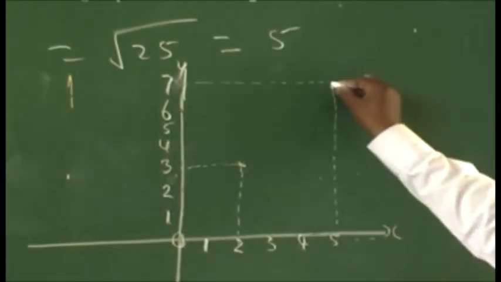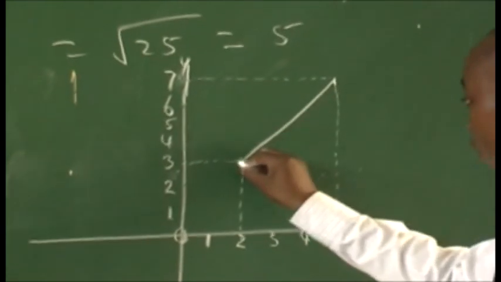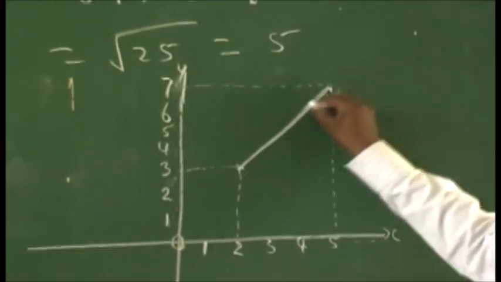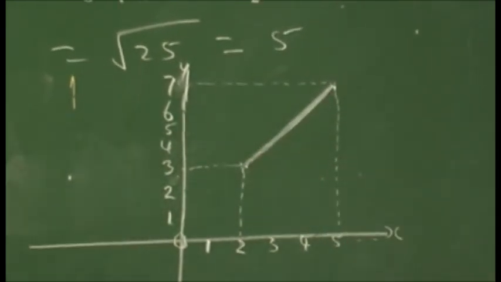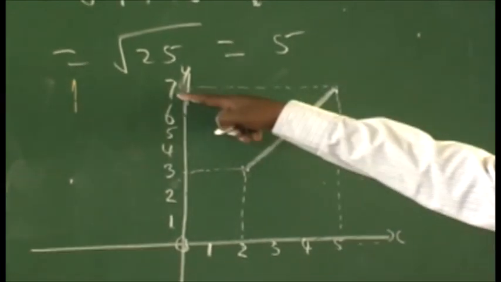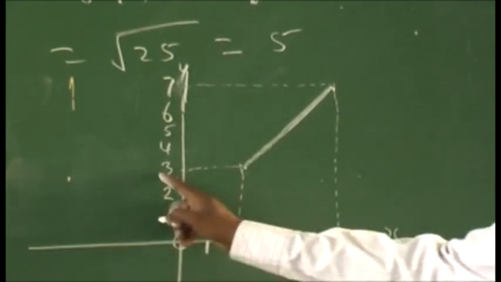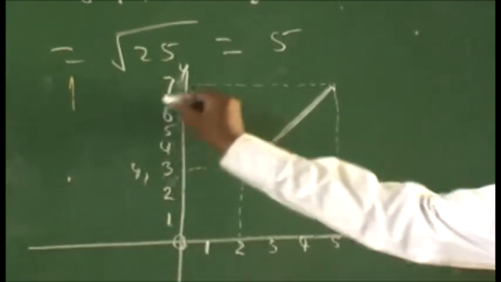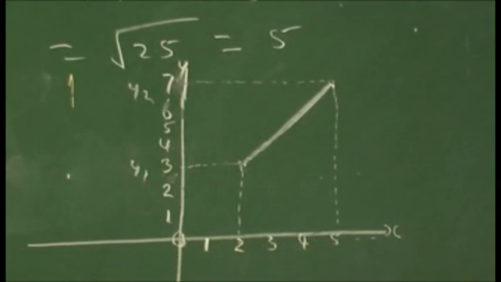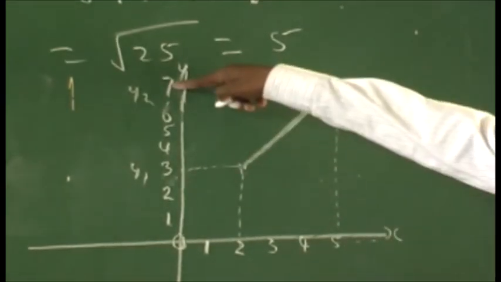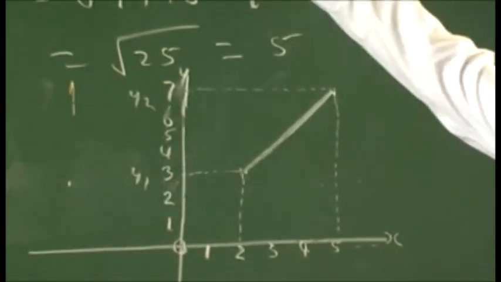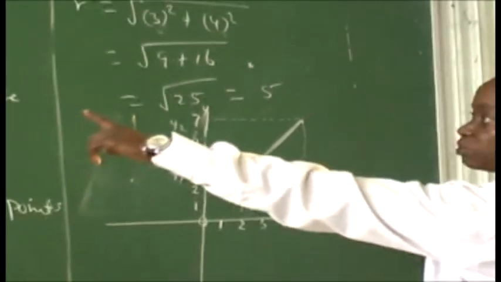Now if I join these points, you see from here to here is what I have. And you can see how y2, starting from here, the first point I have is y1, the second one is y2. So you can see how we use y2 minus y1, which corresponds to the proof that we did here.